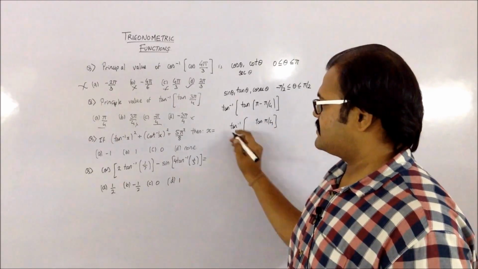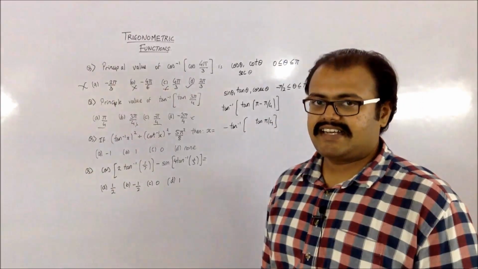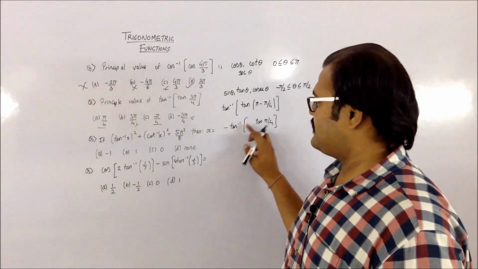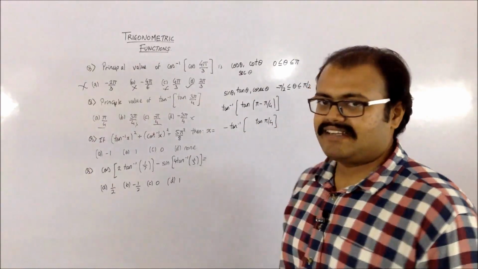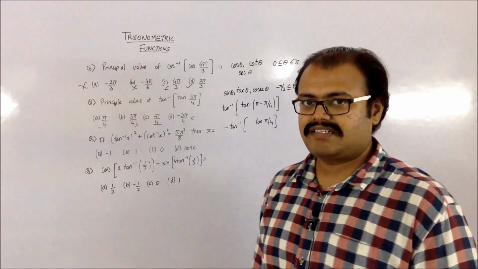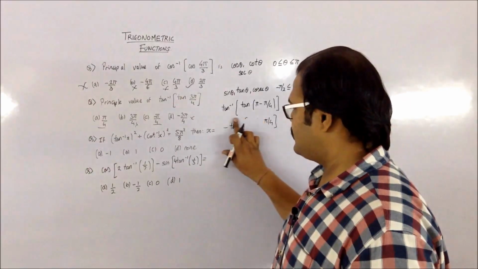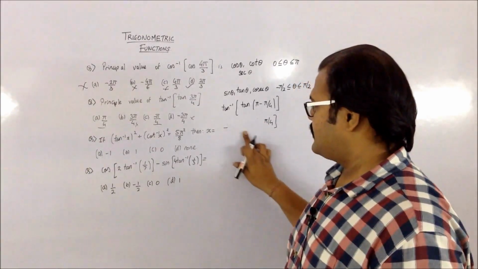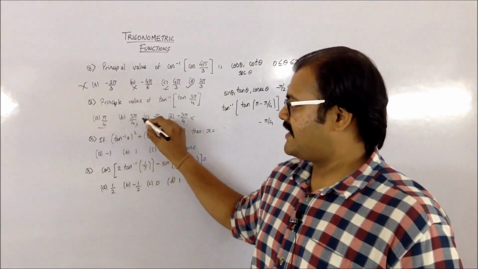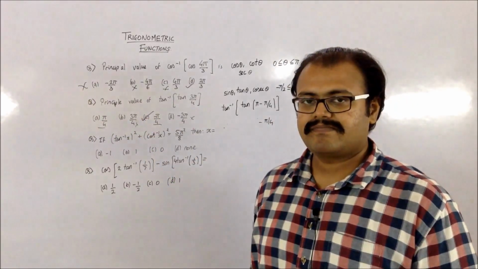From this my minus sign can be taken outside the tan inverse, which is the formula basically, and for tan inverse of tan, because the angle inside it is between minus pi by 2 and pi by 2, I can directly remove the tan and I will have the answer as minus pi by 4. So your right option is C.